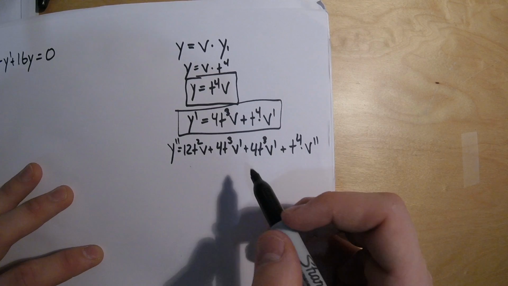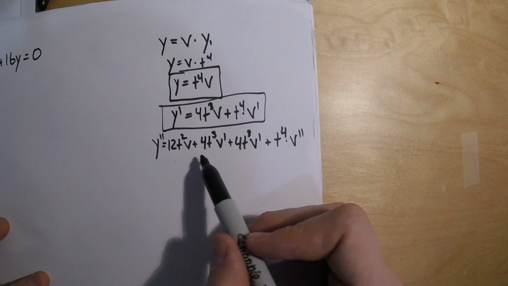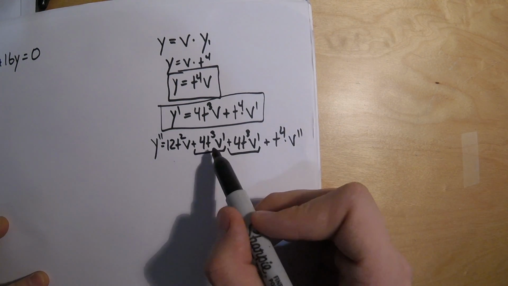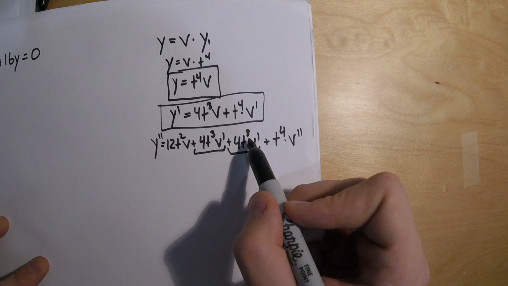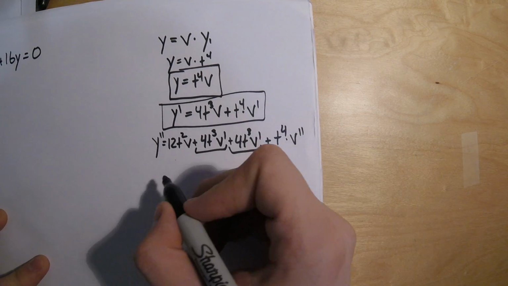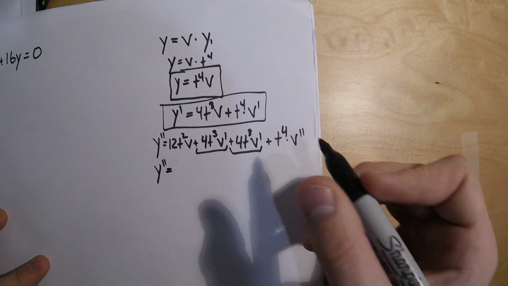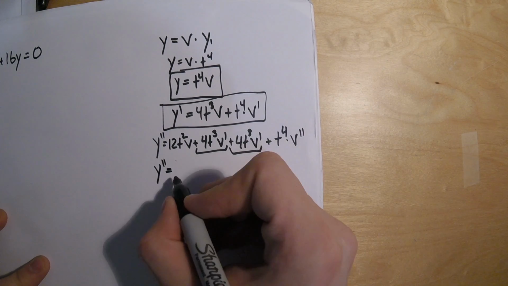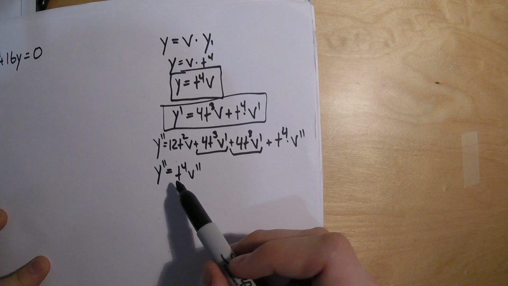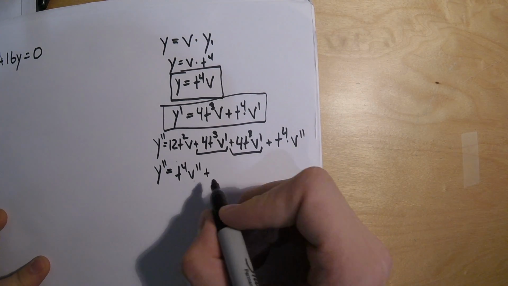Okay, so if you look here, what can we simplify, combine like terms? I see that here's v prime, and also I have t cubed, and also I'm going to write it in the highest order just so that it's easier for me to read. So I'm going to write this one first, t to the fourth v double prime, and once again I'm writing the t in front of the v because it's much easier to recognize what's going on.